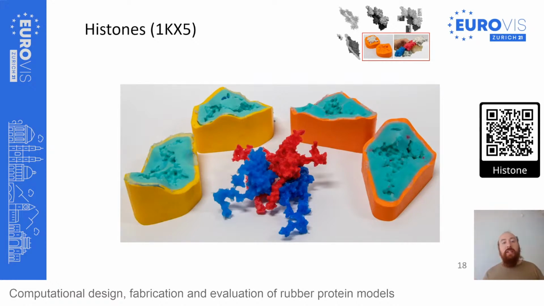And finally, these are the histone models. One thing you probably note here is that the molds are slightly different. This is because in the case of very complex molecular shapes like this one, our rigid mold generation algorithm can fail. In the paper we detail how to detect such possible failures by looking at the topology of the parting surfaces and at the amount of undercuts introduced by our mold decomposition.